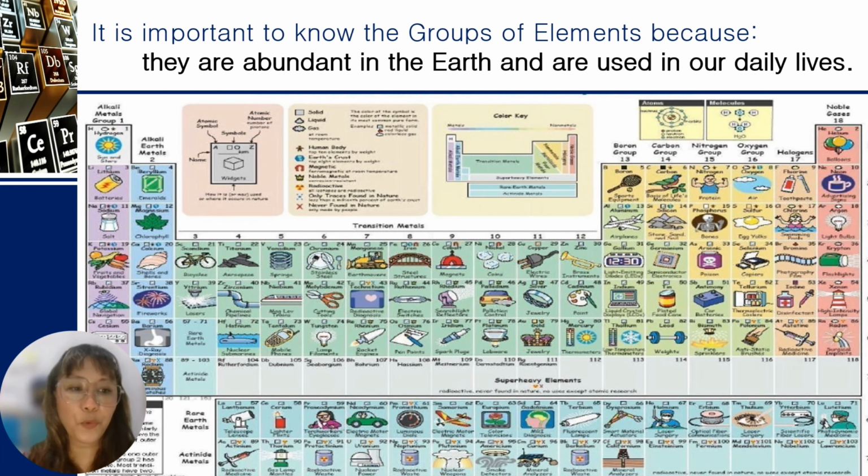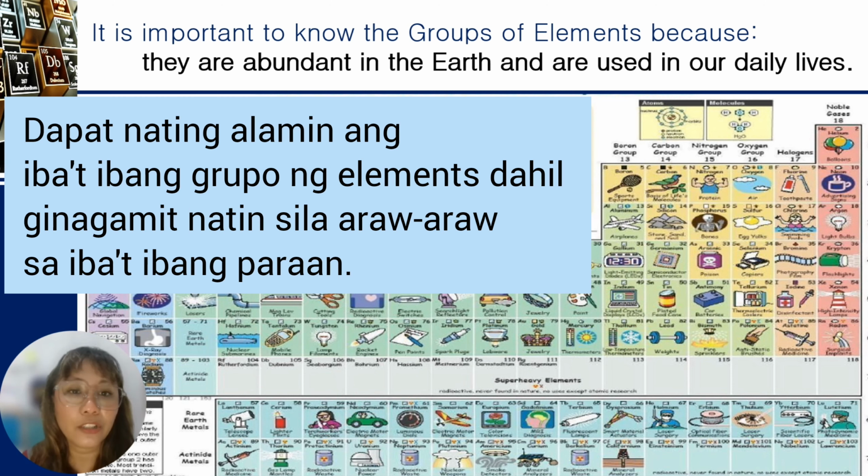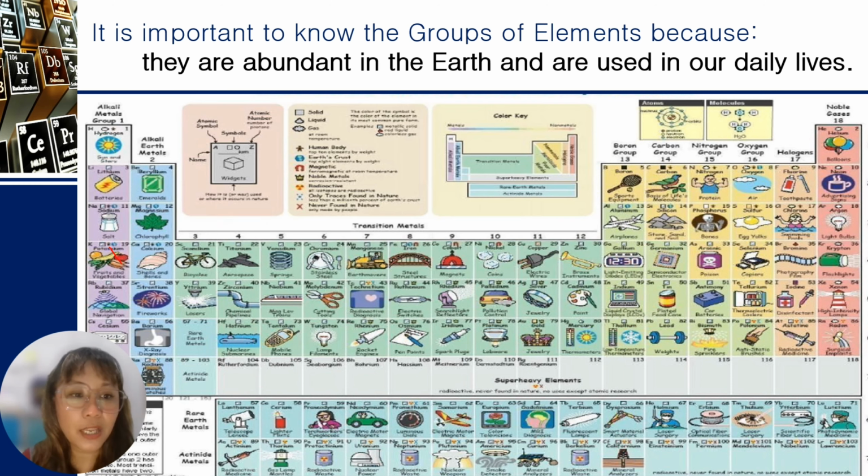Before we move on to the activities, let me emphasize to you, class, that it is important to know the groups of elements because they are abundant on Earth, meaning they are everywhere. And of course, we use them in our daily lives. For example, fruits and minerals. They are the micro and macro minerals that allow us to function and survive daily.